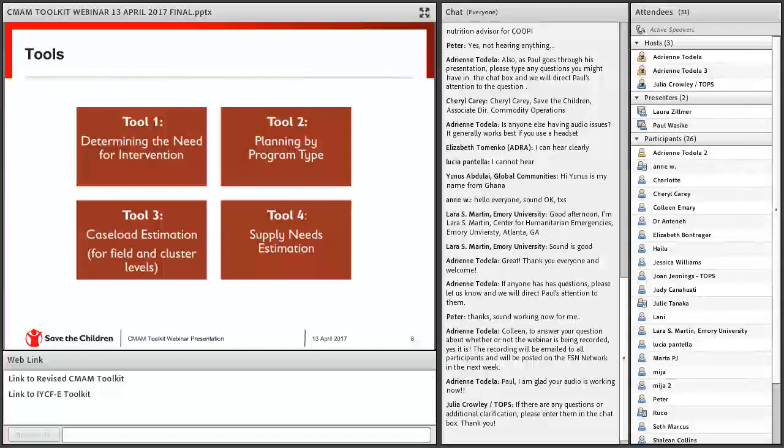But then we have a number of tools there from different organizations as well as the nutrition cluster. And that also links quite a bit to the supply needs estimation, which is very dependent on how you estimate your caseload. So those are some of the key tools that, in addition to the previous sections, you'll find in the new toolkit.